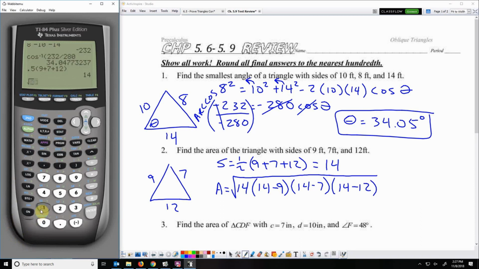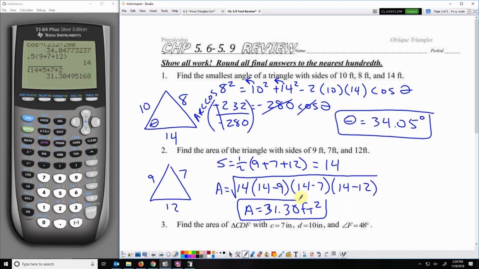So we've got the square root of 14 times, and 14 minus 9 is 5, 14 minus 7 is 7, and 14 minus 12 is 2. 31.30 is the area. And that is all in feet, so the area is in feet squared.